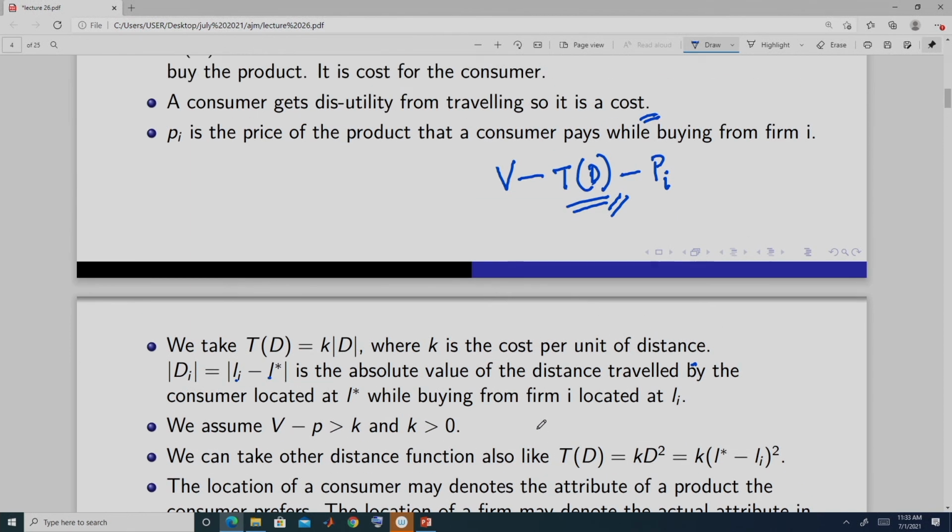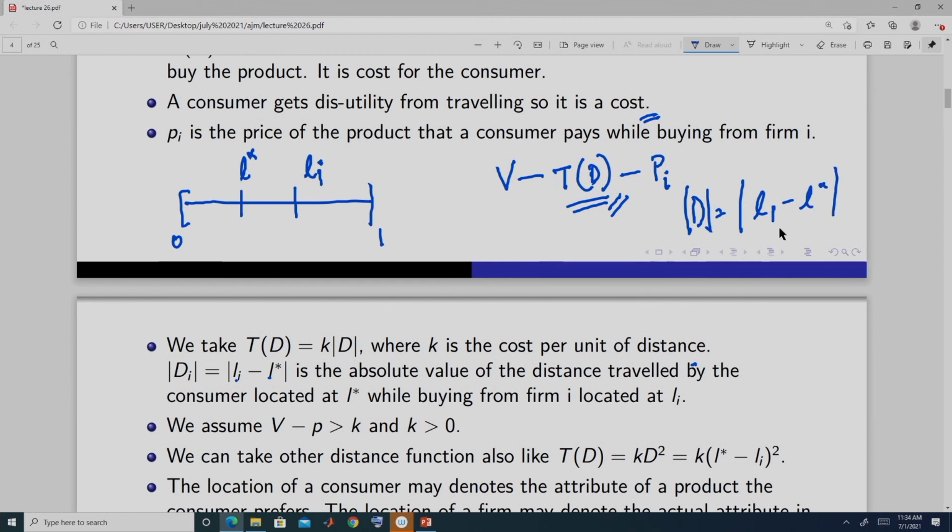So, take this interval from 0 to 1. Suppose this is the location of a consumer, that is L star, and this is the location of a farm L i. Then the distance d is the absolute value of L i minus L star, this much.